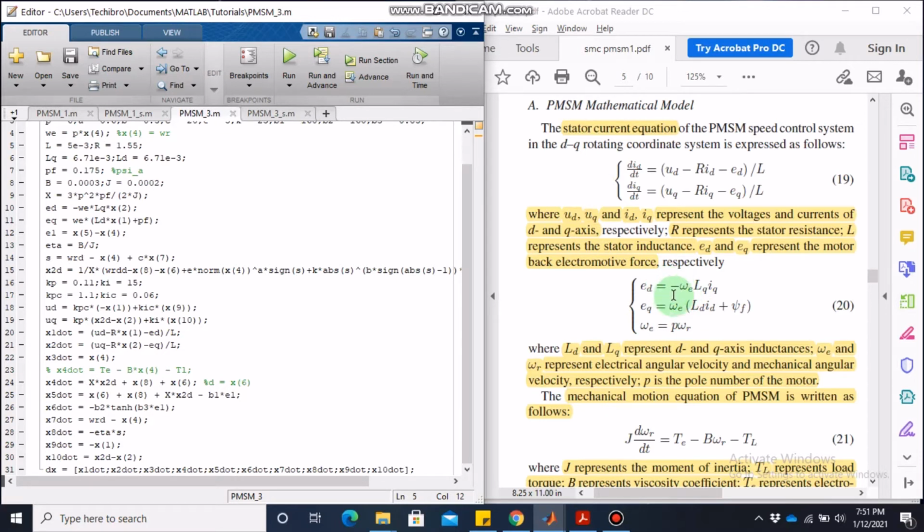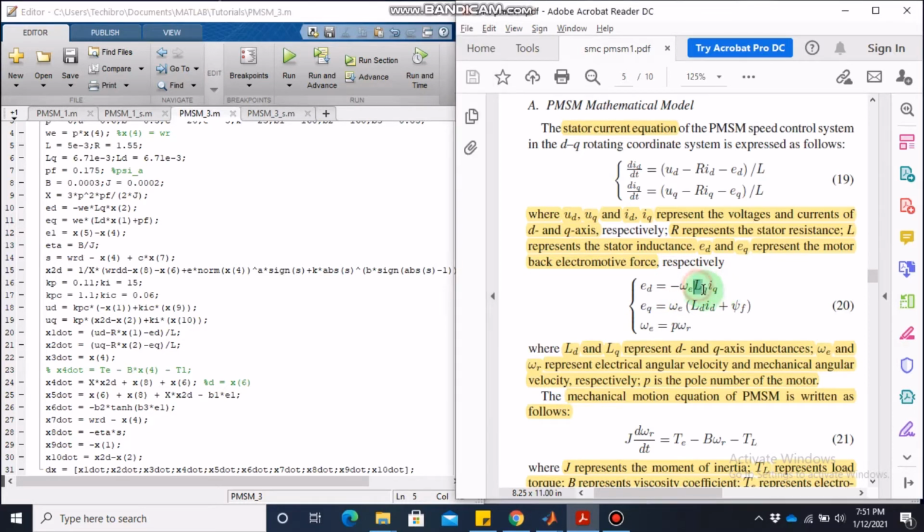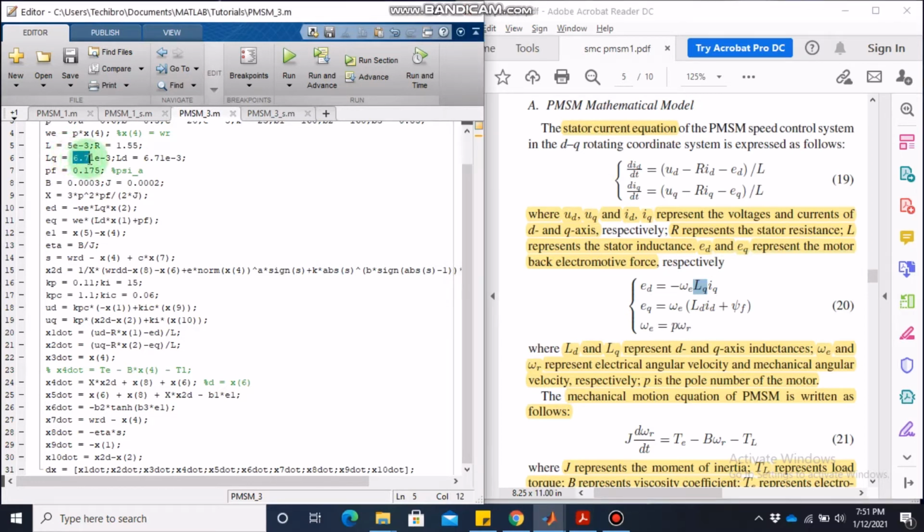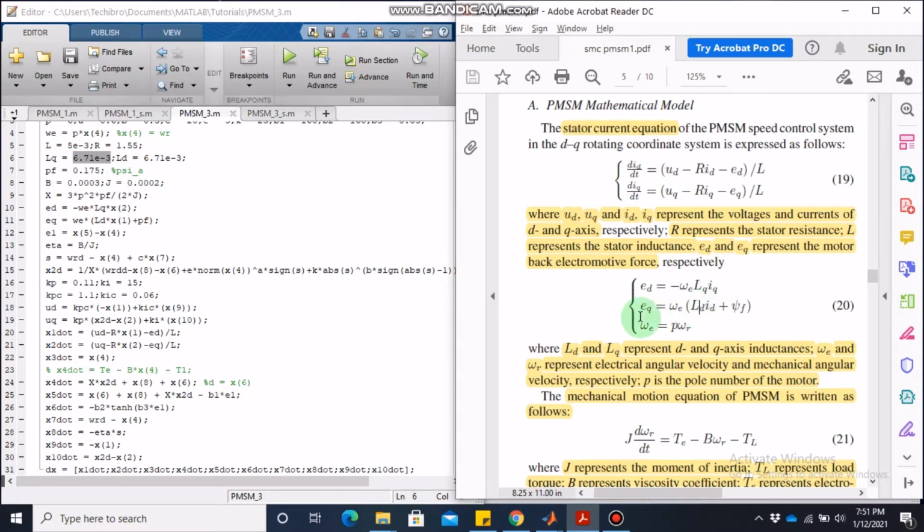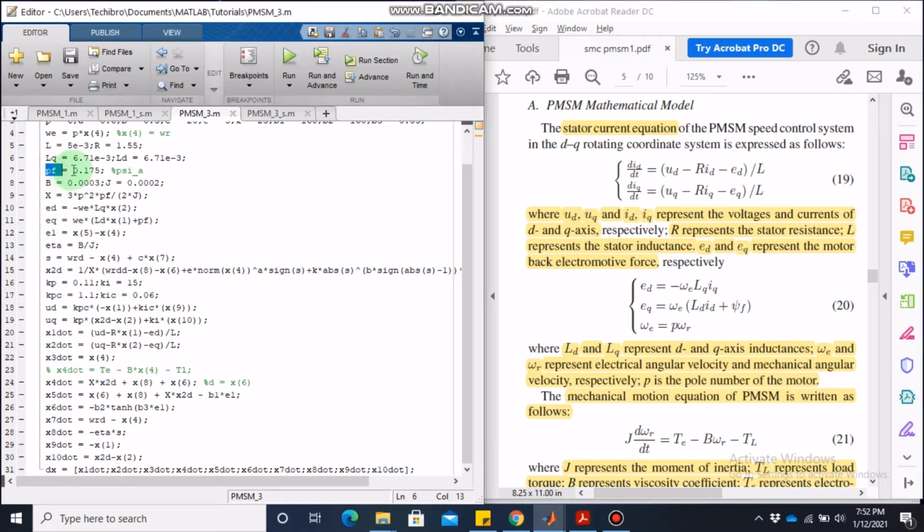And then you have this, so minus omega E LQ. The value of LQ is given in the paper, so I have used this value. LQ is given to be 6.71 millihenry, so that would be 6.71e-3 in MATLAB. And similarly, the value of LD is also given. So EQ is omega E times LD ID plus phi f. So phi f in my code is 0.175.